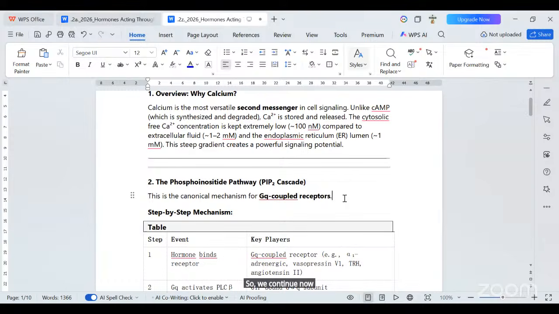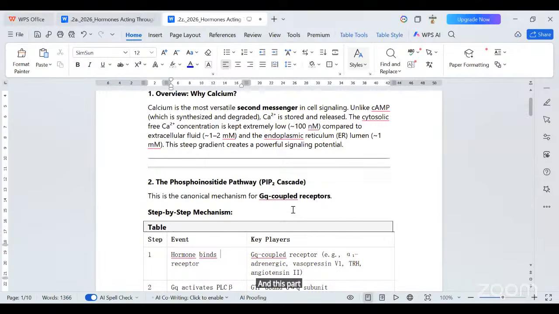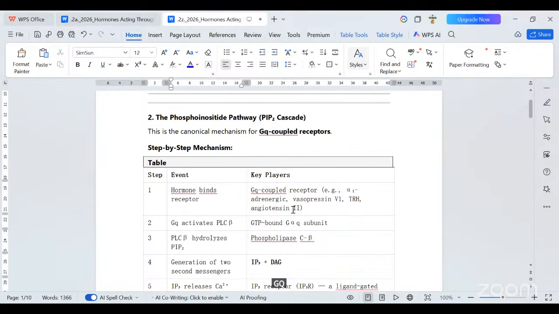How is calcium released? Through the phosphoinositide pathway. And this pathway uses Gq coupled receptors.